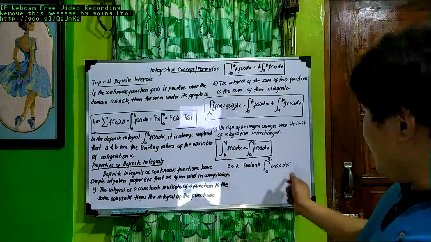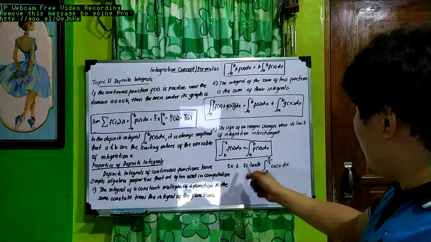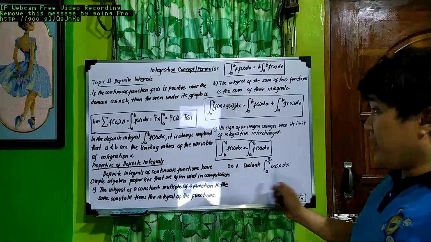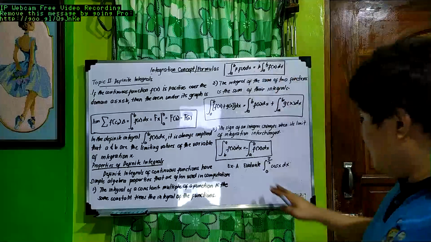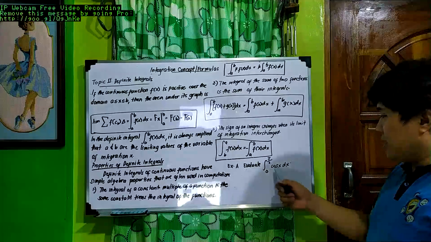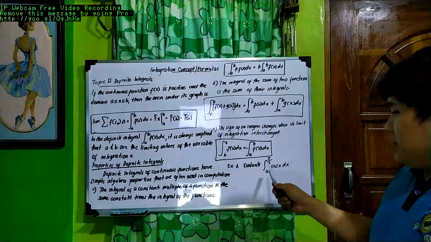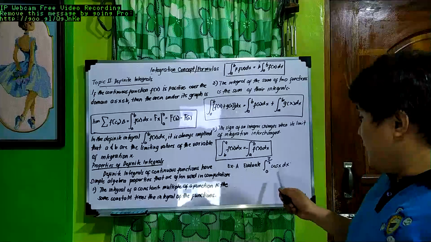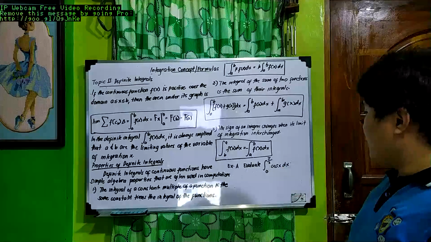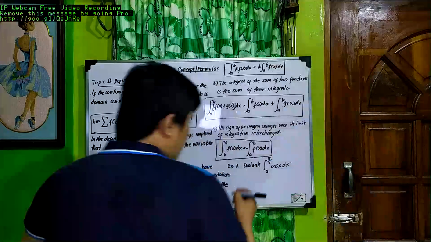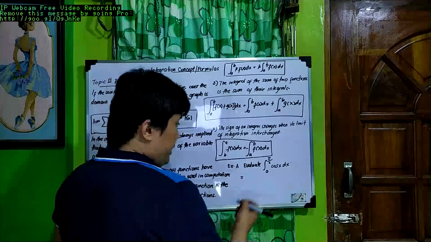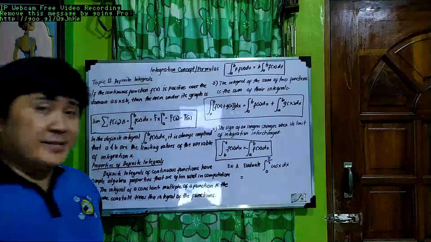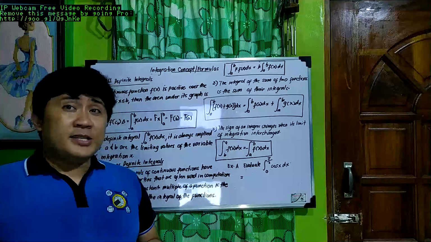Let's try an example, for instance this one without the constant. Let's evaluate the integral of cosine x with limits from 0 to pi over 2. We know that the integral of cosine is sine.